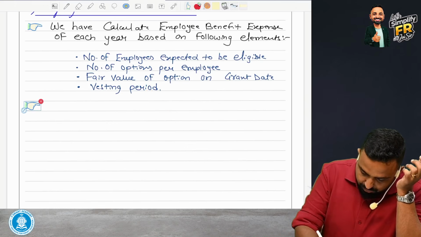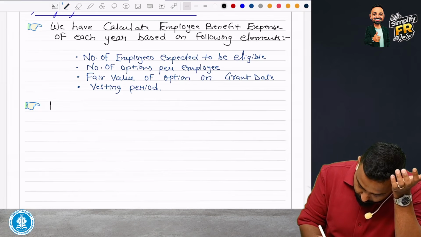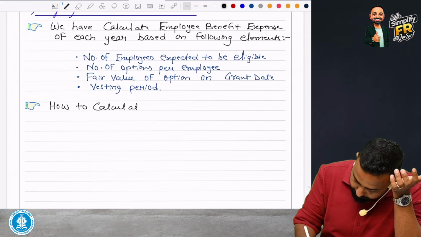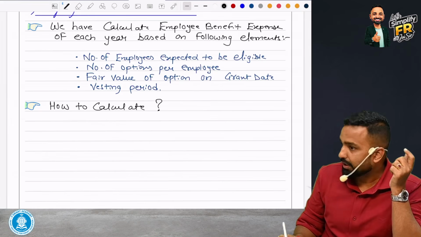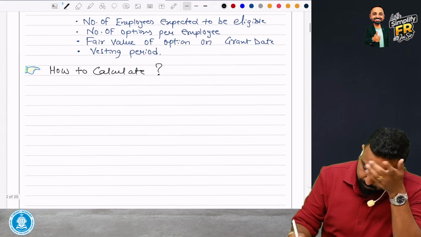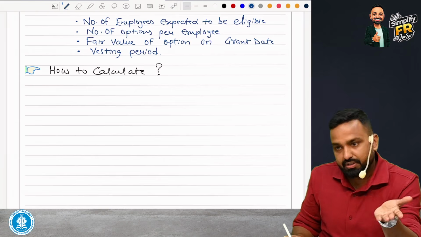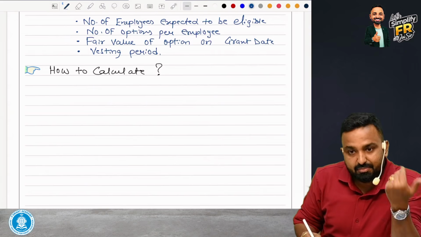Okay. How to calculate? Formula. Let me write the formula first, then you will write because of the space issue. You just tell me the formula.